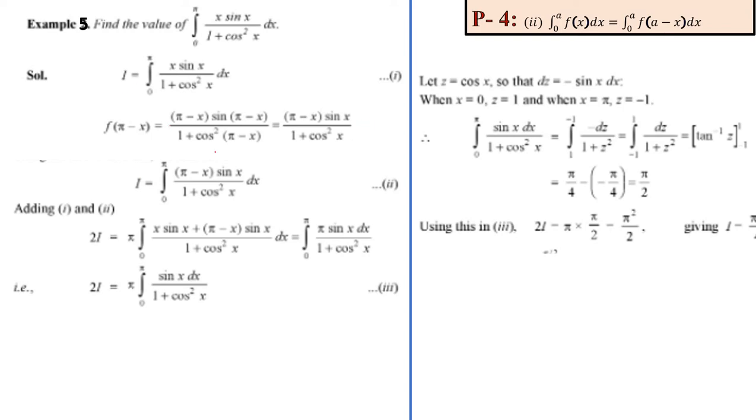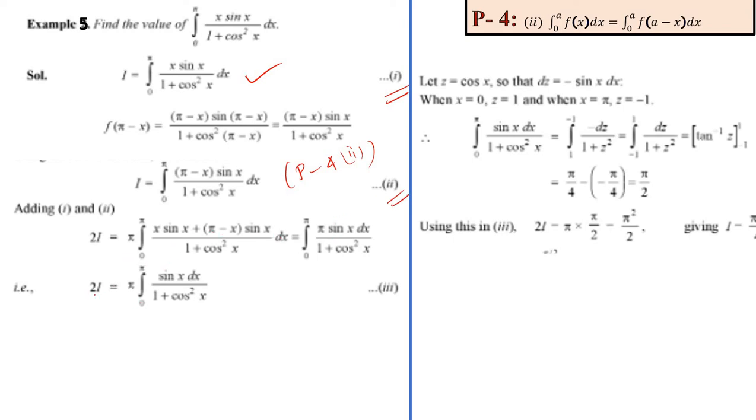So I is given by this, and I is also given by this. This is by P4 second subdivision, and adding these two, if we name this as 1 and this as 2, then adding the 2 we have this.